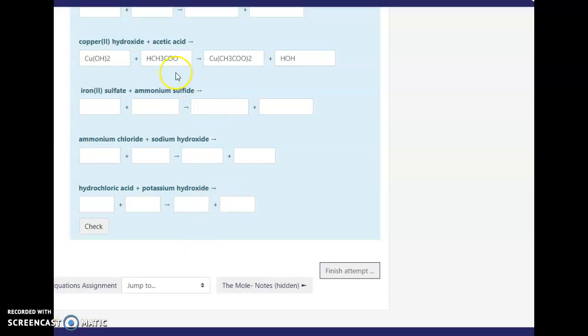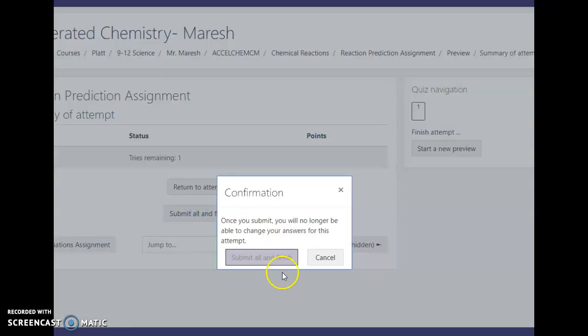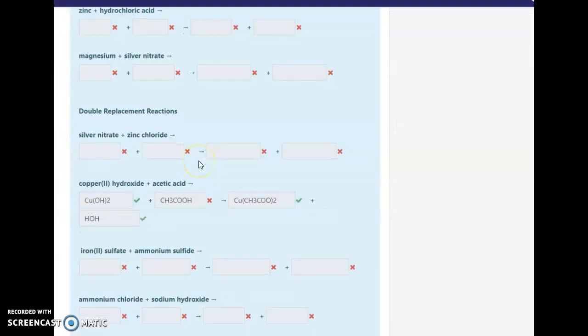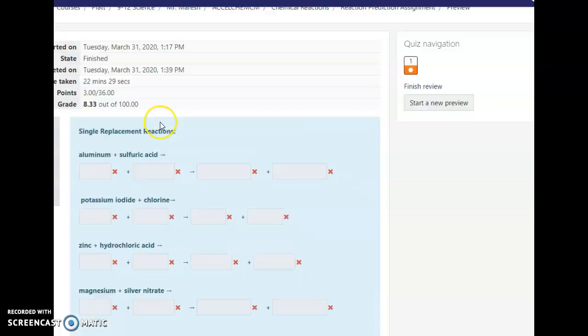Now that this is entered, what I want to do is show you what happens if this is written incorrectly with an H at the end, like you get off that internet search. We'll finish our attempt for just that problem, and I'll show you. It will say you're wrong. You are wrong because we did not teach you this way. So, very important to make sure you type it in correctly. Now let me go back and do it the other way.